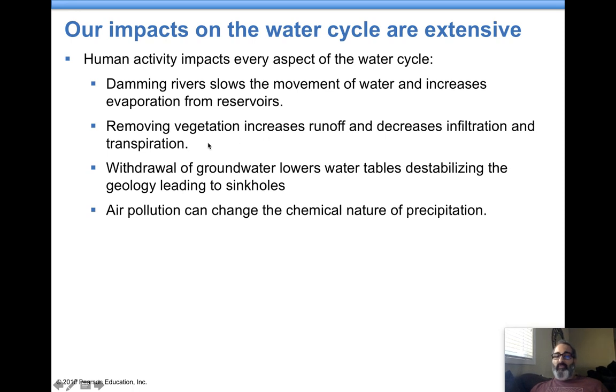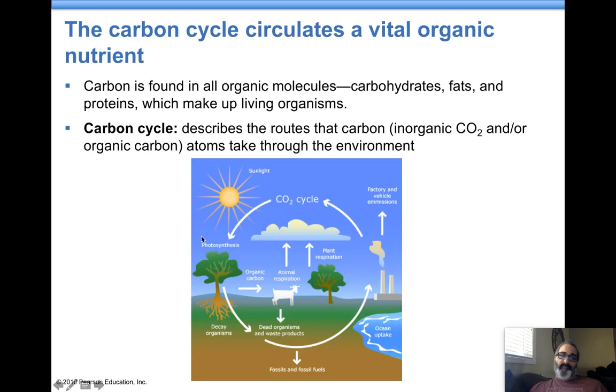So we remove vegetation, and it just flows right off and causes massive erosion. We withdraw groundwater at a very rapid rate, which leads to sinkholes. And air pollution is also a big factor. We put pollutants into the air that end up falling to the earth when it rains.